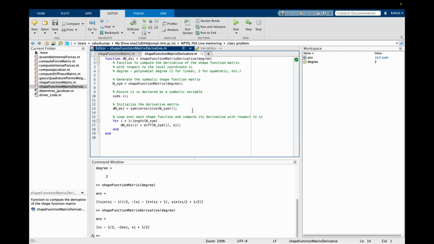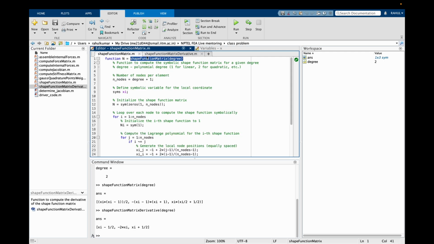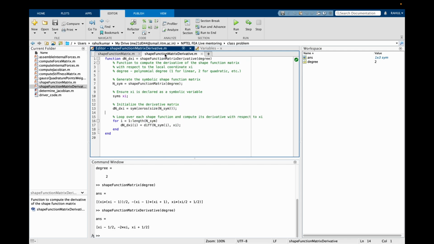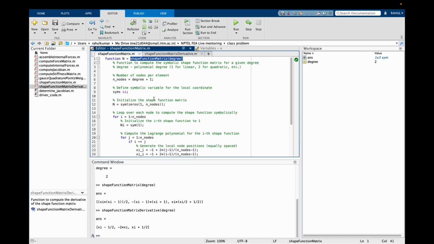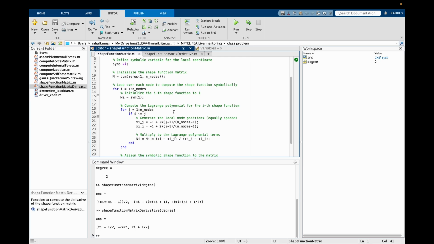So now you can see that this will result in a derivative of this shape function matrix. Then what kind of variable is this? I am saying that this is the shape function matrix, right?